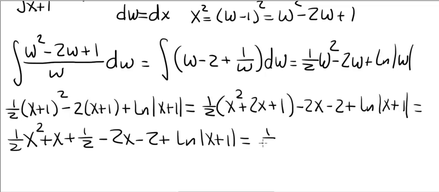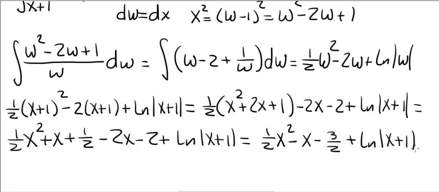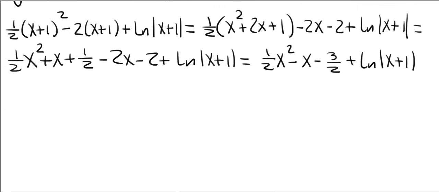And this is 1/2 x squared minus x minus 3 over 2 plus natural log of absolute value of x plus 1. And we're done with the second integral, or the integral on the right.